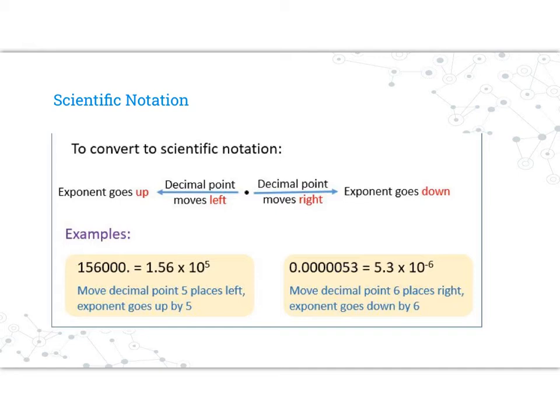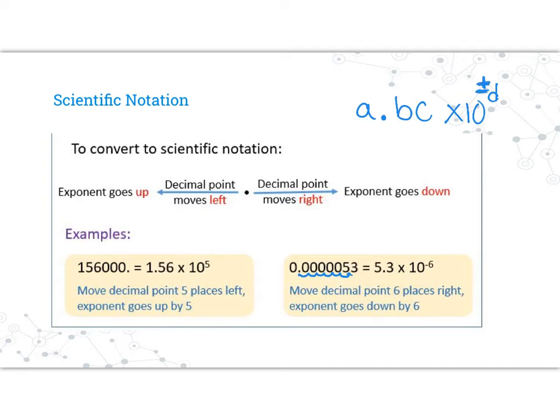Scientific notation. To convert to scientific notation, we need to decide whether we're going to move the decimal place to the left or to the right. If I have a number where I need to move the decimal place to the right, okay, we are going to move 1, 2, 3, 4, 5, 6. The decimal place must always be between the first and second numbers. So this is the general form for scientific notation, where this can be a positive number or it can be a negative number.